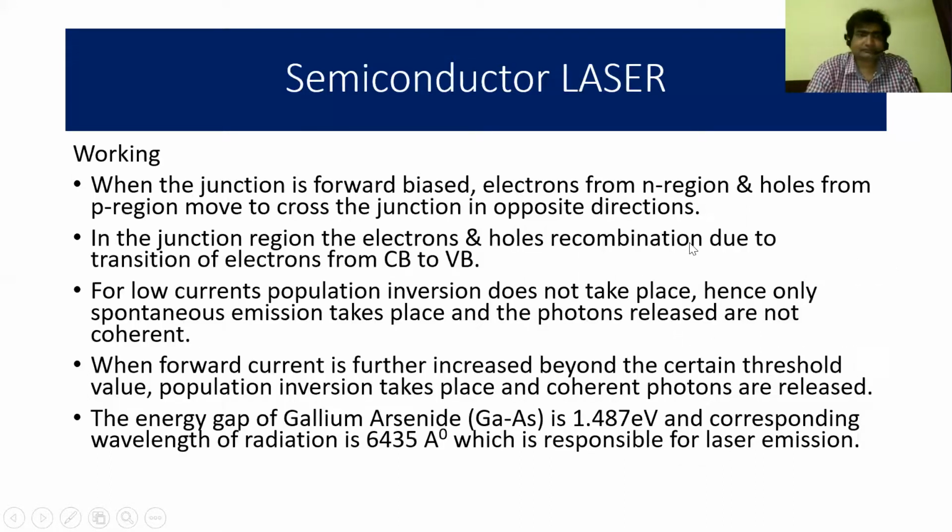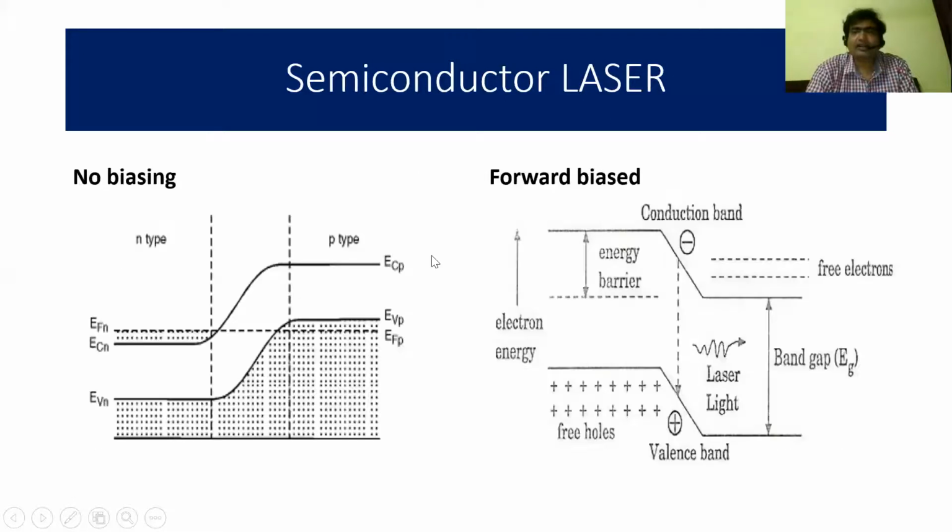Here, in the junction region, the electron and hole recombination takes place due to transition of electrons from conduction band to valence band. When an electron enters into this junction part from the N region and a hole enters into this PN junction from the P region, the electron recombines with the hole and in this process it emits a photon or light.